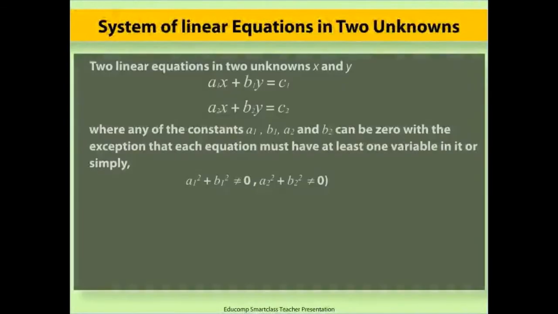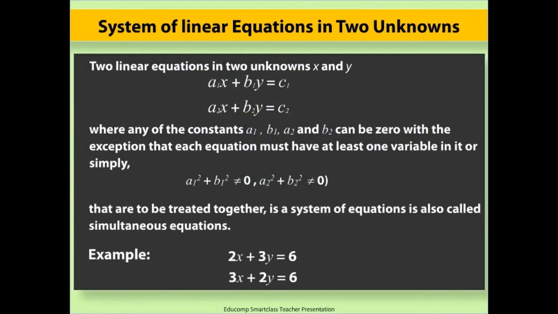System of linear equations in two unknowns. Two linear equations in two unknowns x and y: a1x plus b1y is equal to c1, a2x plus b2y is equal to c2, where any of the constants a1, b1, a2 and b2 can be 0, with the exception that each equation must have at least one variable in it, or simply a1 square plus b1 square is not equal to 0 and a2 square plus b2 square is not equal to 0.